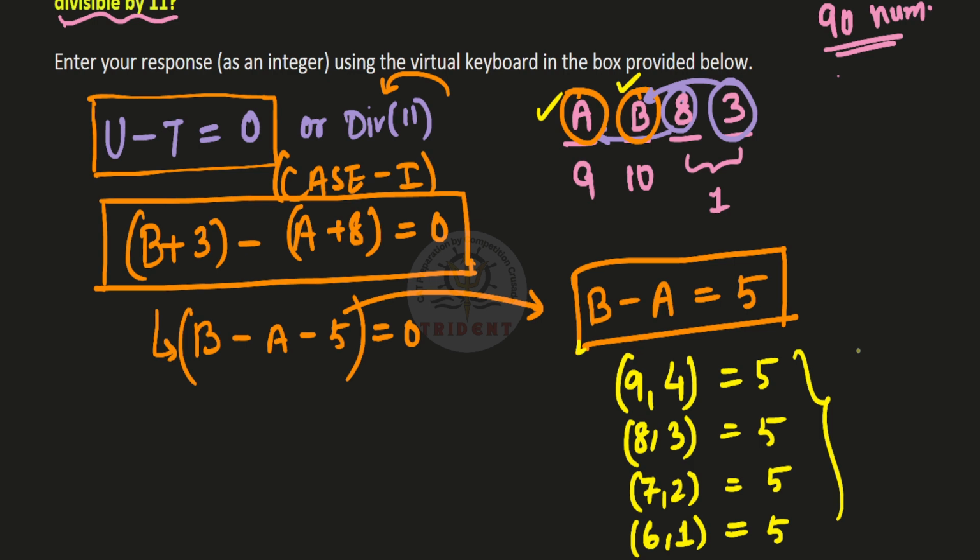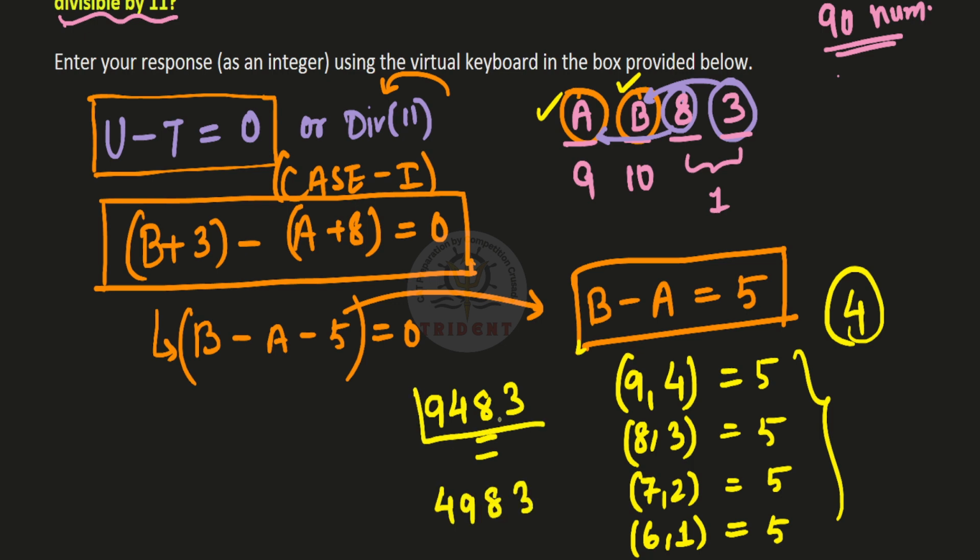One thing you need to remember is that these 4 numbers can be filled in only one way. For example, 9483 is not equal to 4983. One of these numbers is actually divisible by 11 and the other one is not. Now let's figure out which of these numbers are divisible by 11.